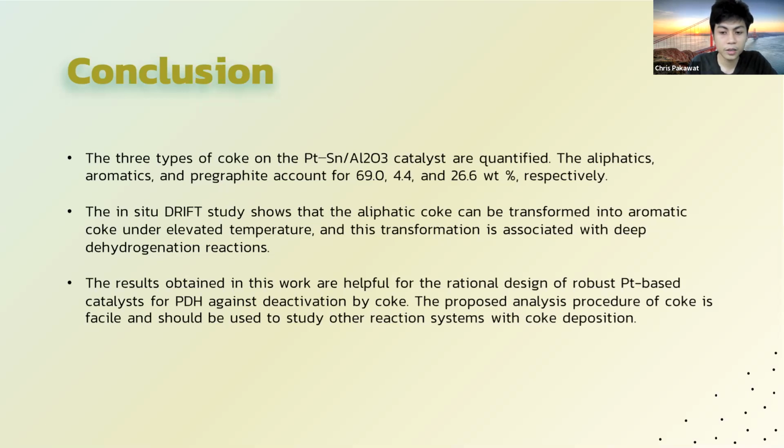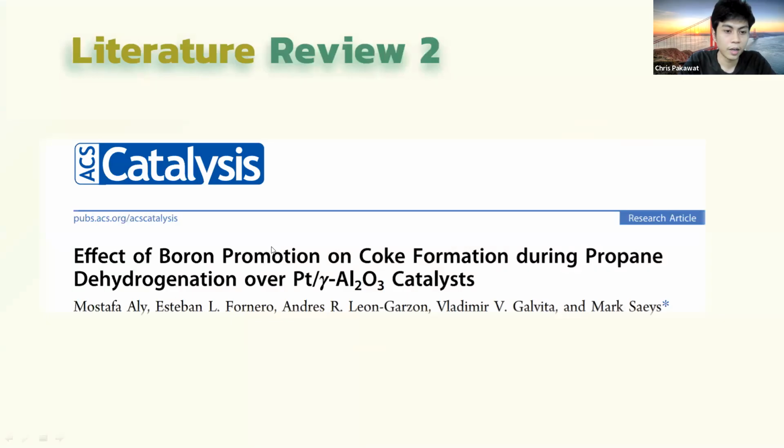The proposed analysis procedure of coke should be used to study other reaction systems with coke deposition. Next paper, the topic is the effect of boron promotion on coke formation during propane dehydrogenation over platinum alumina catalyst.